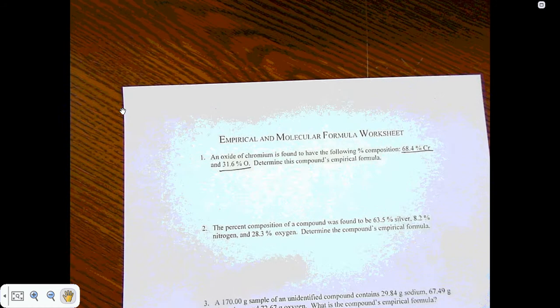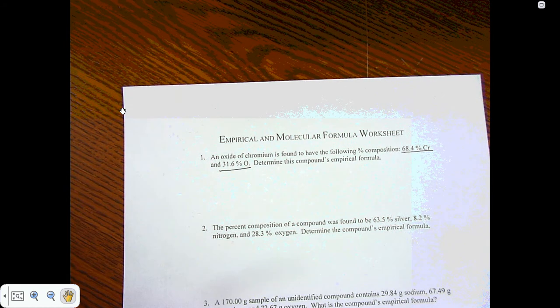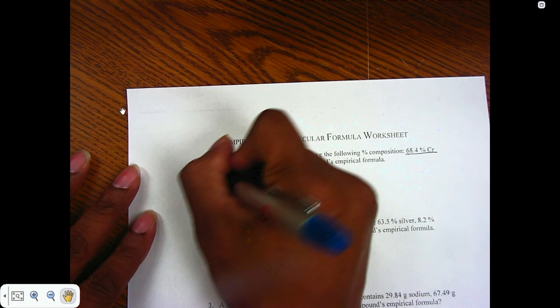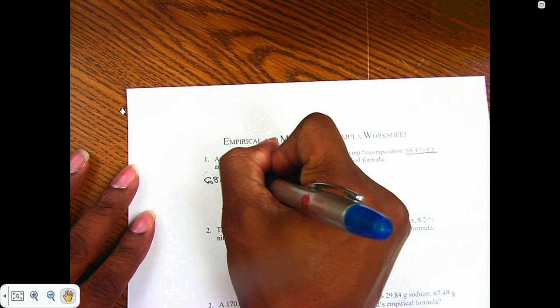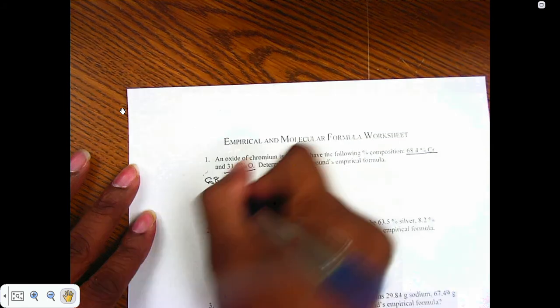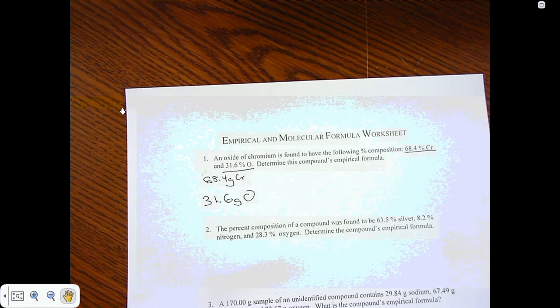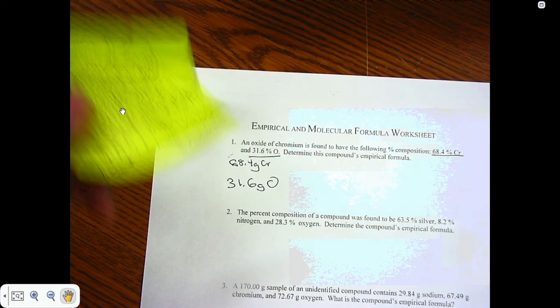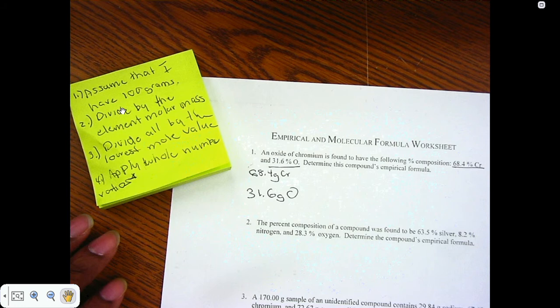In this case, I'm going to assume that instead of having 68.4% of chromium, I have 68.4 grams of chromium, and 31.6 grams of oxygen. The next step, my step 2 and my little devised generic instruction, is where I divide the mass by the characteristic molar mass.